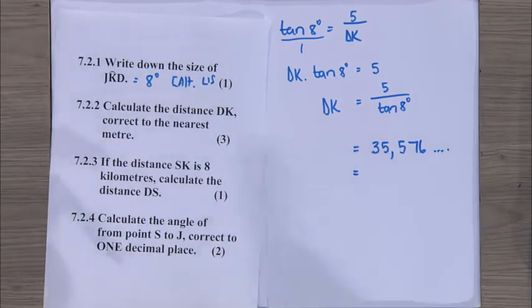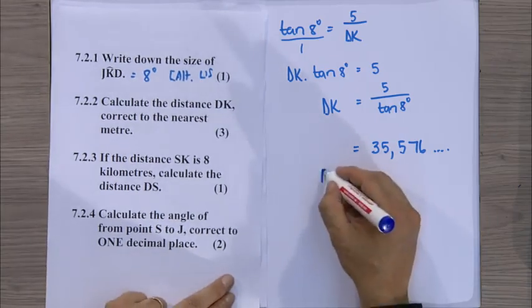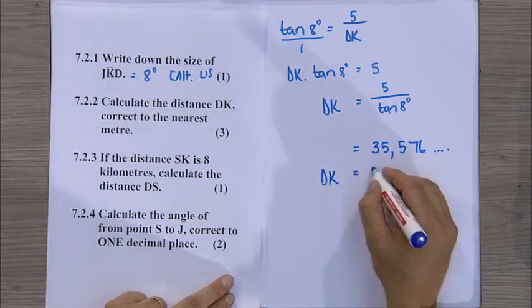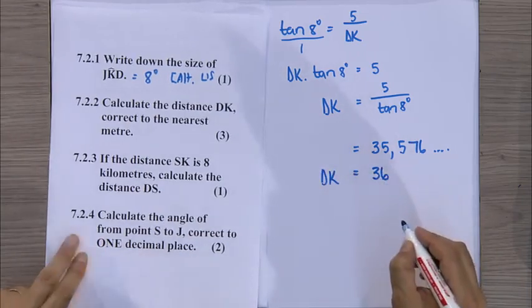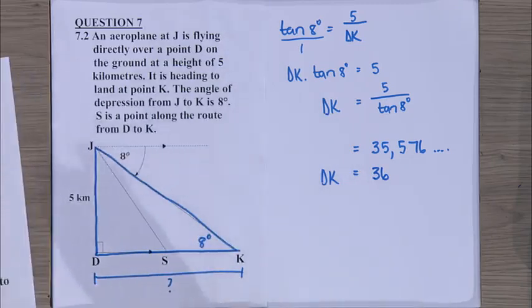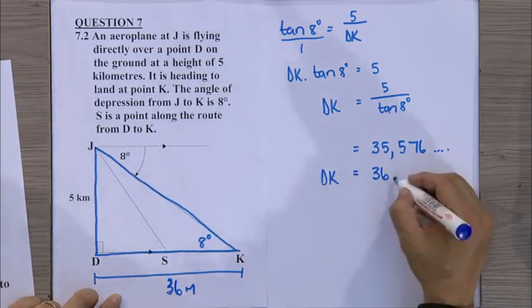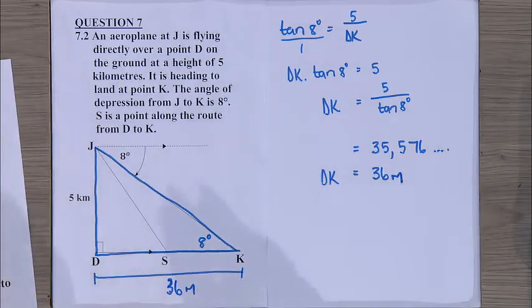I don't want decimals. I want the next whole number. So you're going to say, Michaela, that DK is equal to 36. So that value there will be 36 meters because I asked you for the nearest meter.